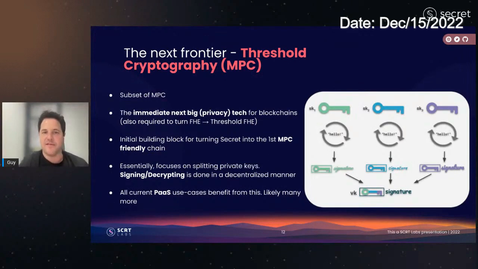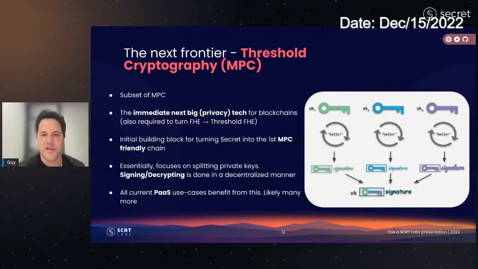Now, MPC is very broad, FHE is very broad, but the way we envision this is from two angles. We envision this on the bottom-up angle, and that is the MPC angle. So instead of building general compute MPC, what we're actually going to do is start to add the lowest hanging fruit, the specific MPC technologies into Secret that enable the most use cases with the highest level of security and the highest level of performance.